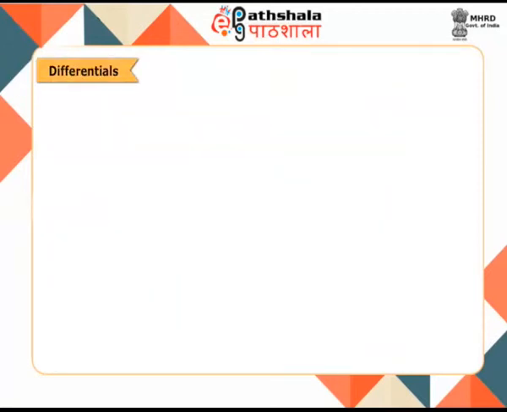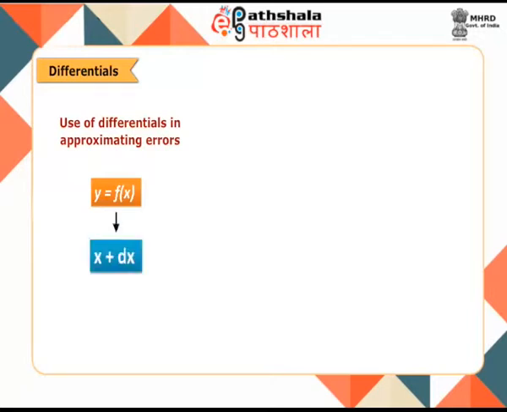Next we discuss differentials. Use of differentials in approximating errors. The value of a function y equal to f of x when the independent variable takes a value x plus dx is given by f of x plus dx.